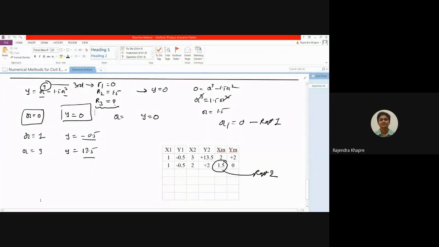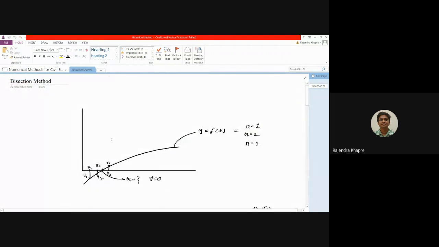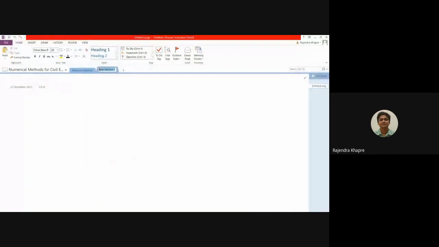So in the previous class, we started with our syllabus and studied the bisection method. Today we are going to study another method, called the Regula Falsi method. This method is also called the method of false position.